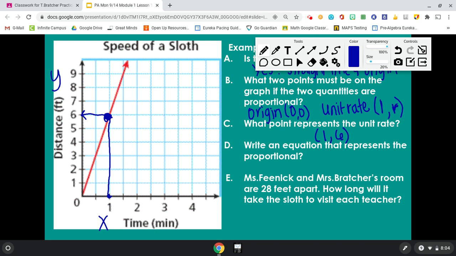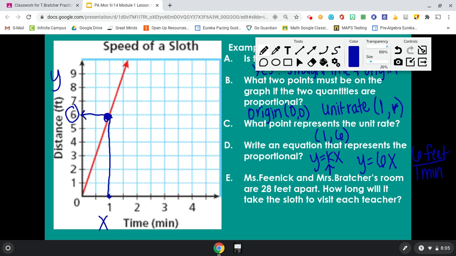It says write an equation that represents the proportional relationship. Remember y equals kx. That number I just found was 6 for my constant. So y equals 6x.